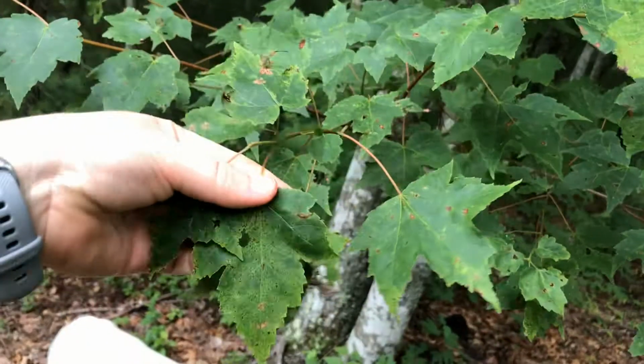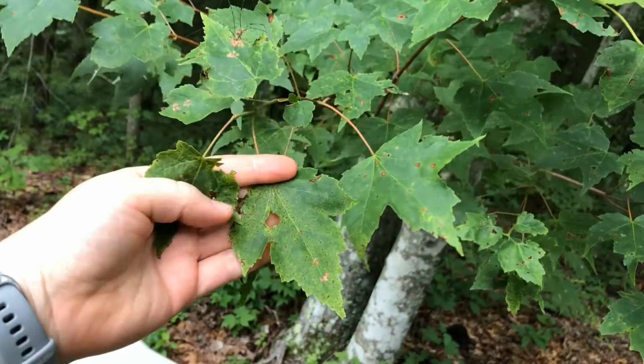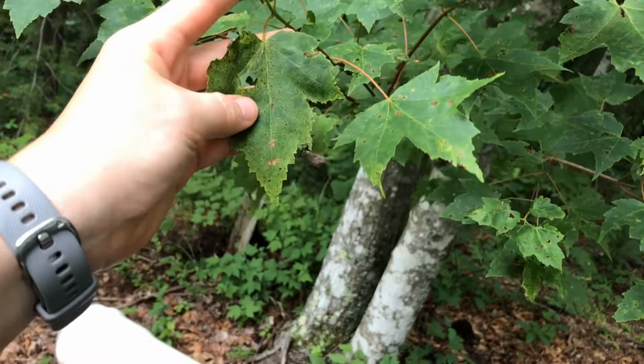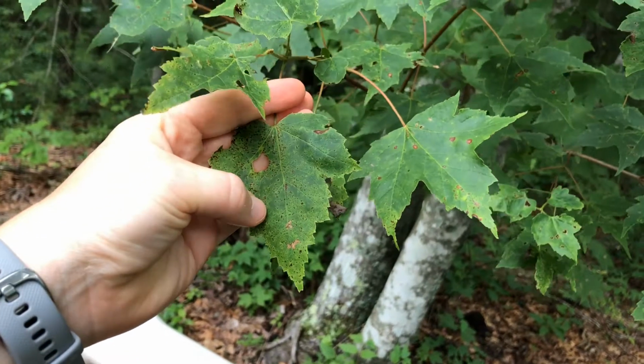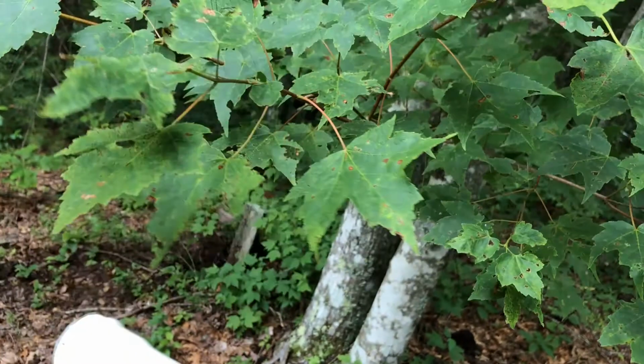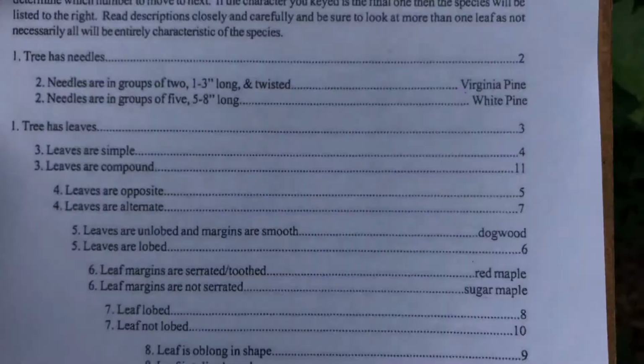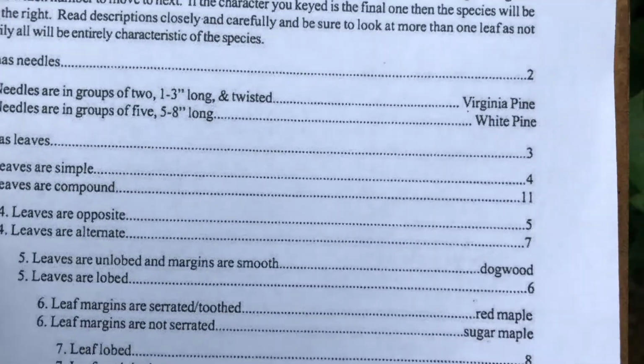Now we can definitely say this tree has leaves, right? They're not long and thin like those needles on the pine tree were. So this tree has leaves. So we will follow this question down to number 3.